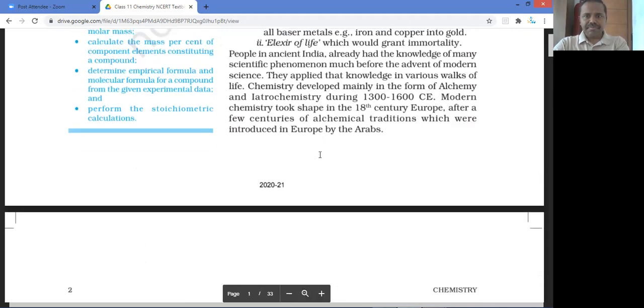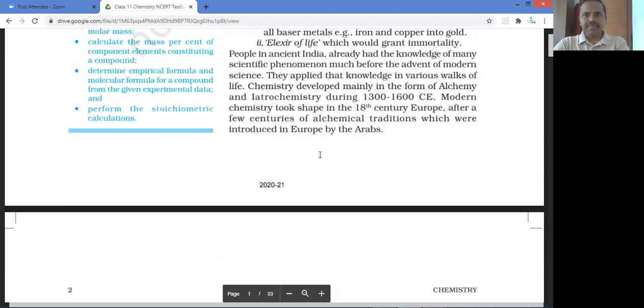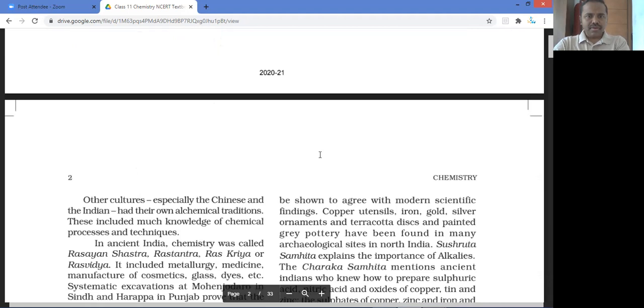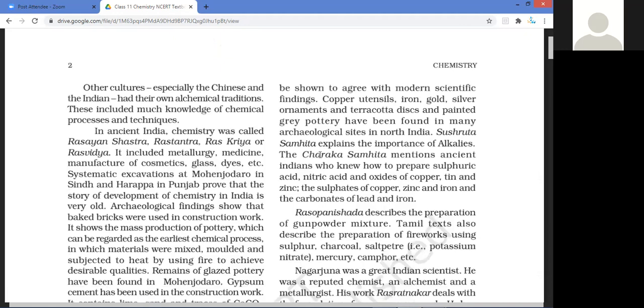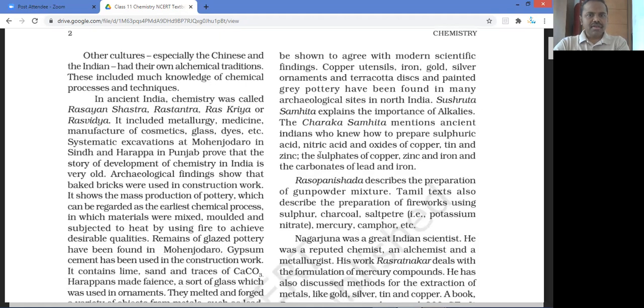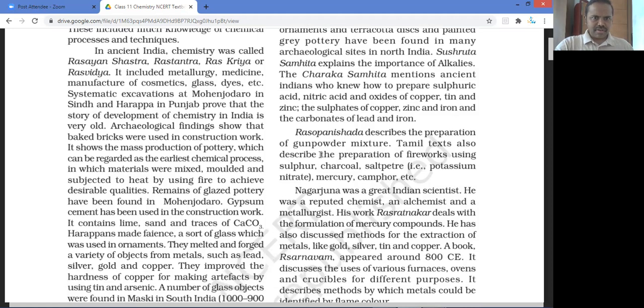I think they're describing the history of India and also China, and in ancient India, what was it called? Rasayan Shastra, Rastantra, Raskriya, and Rasvidya. Okay. Metallurgy, medicine, manufacture of cosmetics, glass, dyes, etc. Then some excavation, archaeological findings.